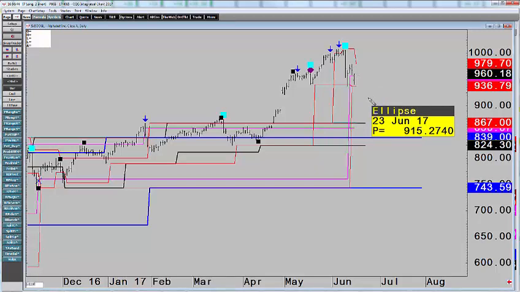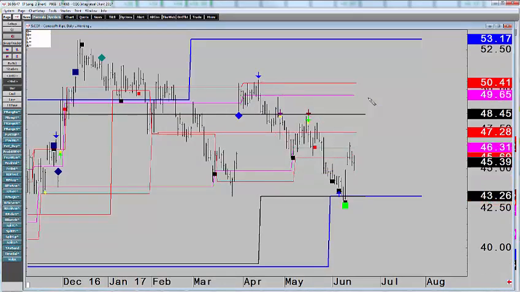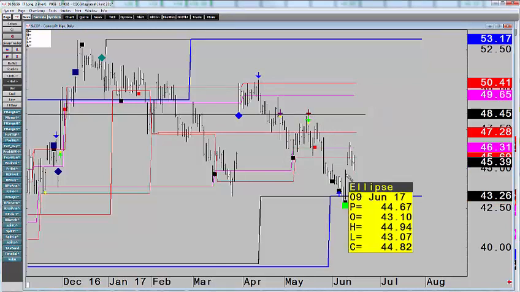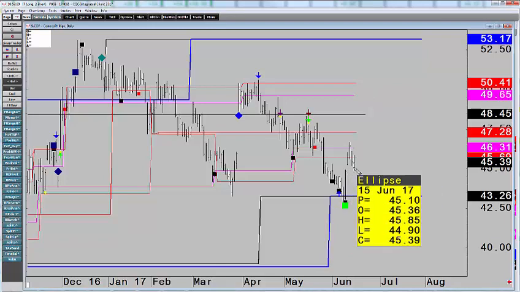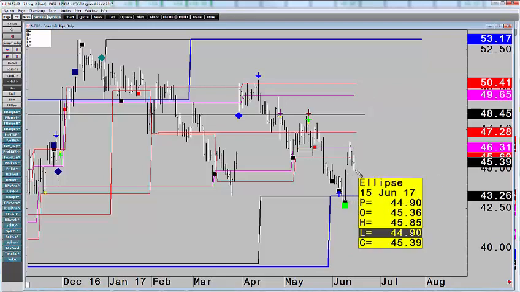I'm just going to do Conoco, which is another one where we do have a position. COP, and when the market was collapsing early on, Conoco was actually up, so it was doing pretty well. Just want to check whether it filled the gap. 44.94, 44.90. Okay, so filled the gap.